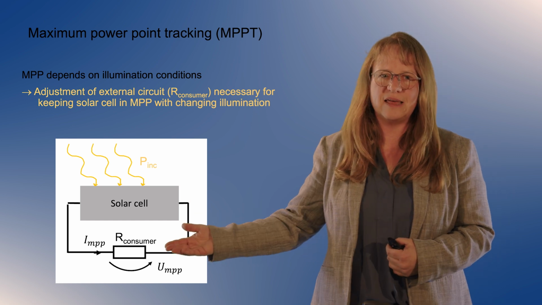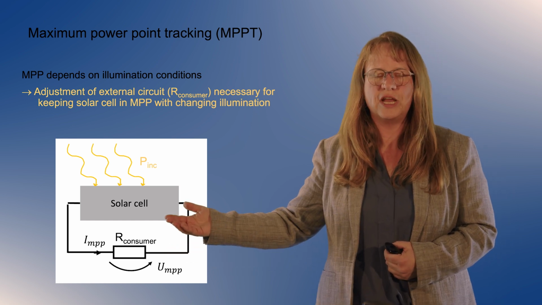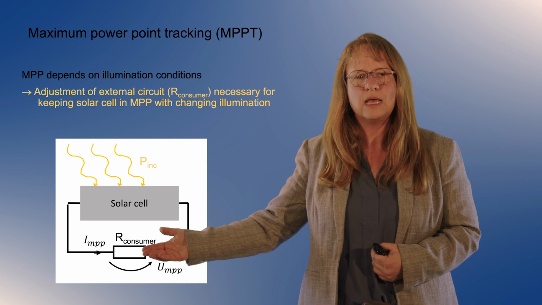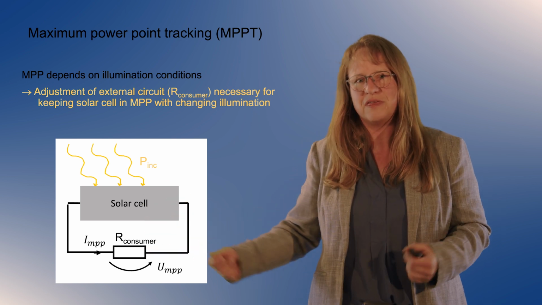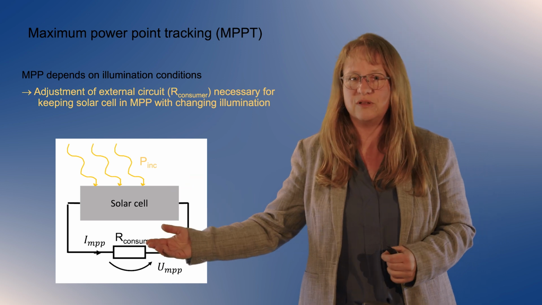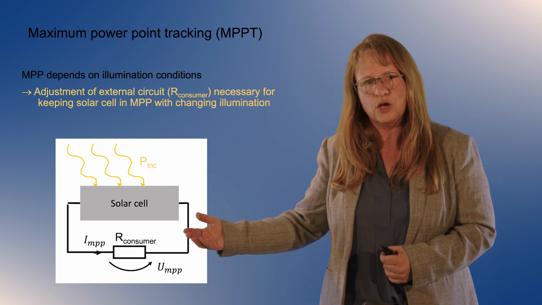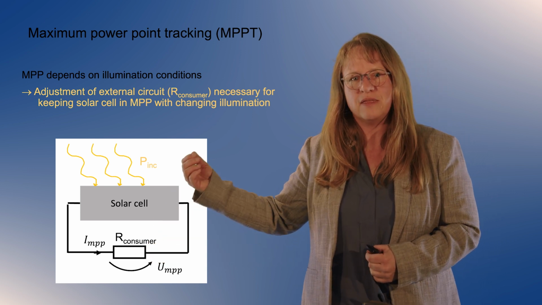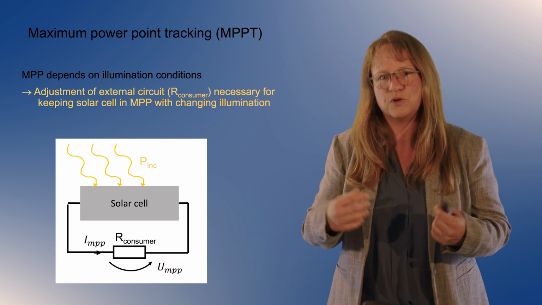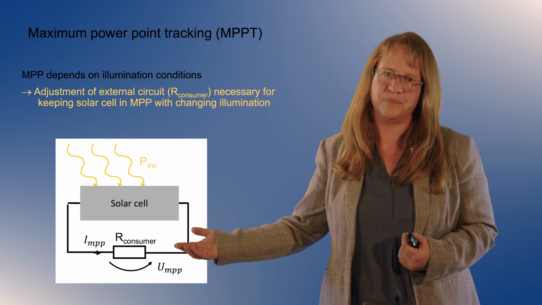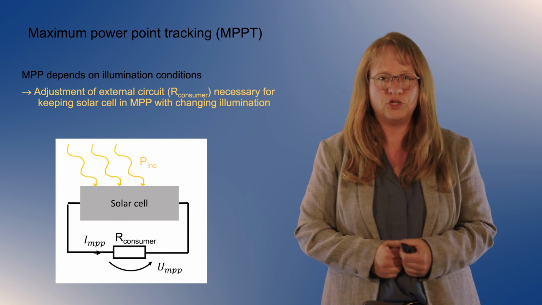And you can see that you cannot do this by just changing the solar cell, but you have to do it by changing the load that you have on there. You can also use power electronics in order to adapt the solar cell to the load you have, and that's what you typically do, that you have power electronics in between here.